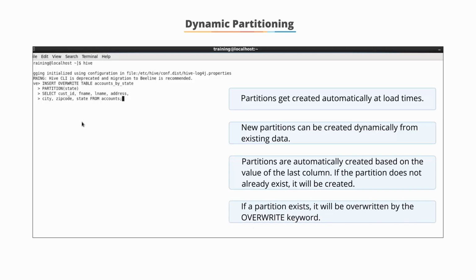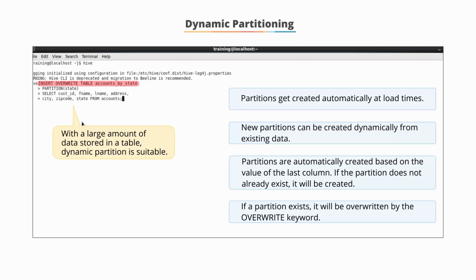In case the partition does exist, it will be overwritten by the overwrite keyword as shown in the example. As you can see, a partition is being overwritten. When you have a large amount of data stored in a table, then using a dynamic partition is suitable.